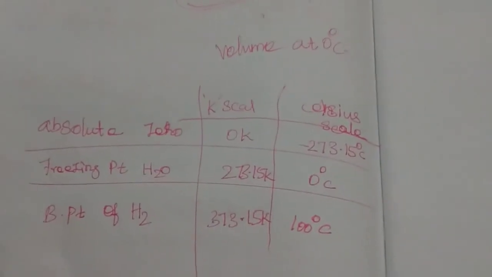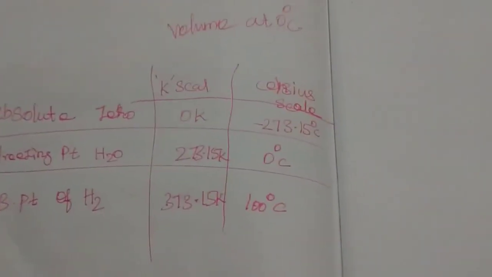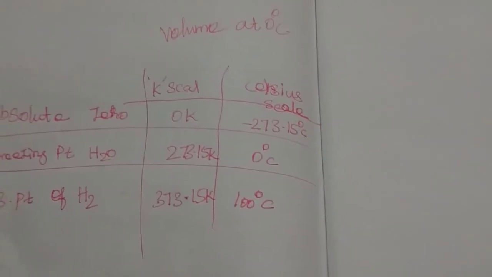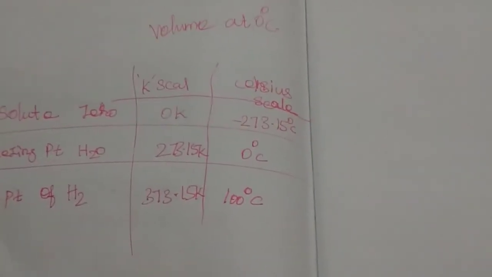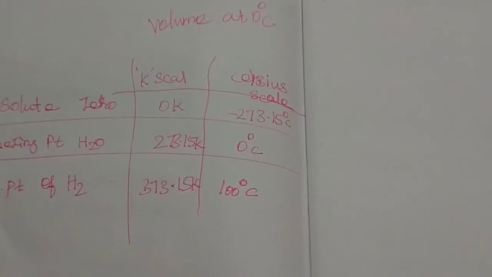Today you learned Charles law. Read the law and try to understand the concept with the experimental part, the balloon experiment, and the explanation of the variation of volume with temperature at constant pressure.